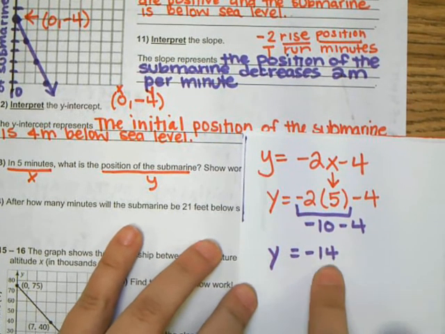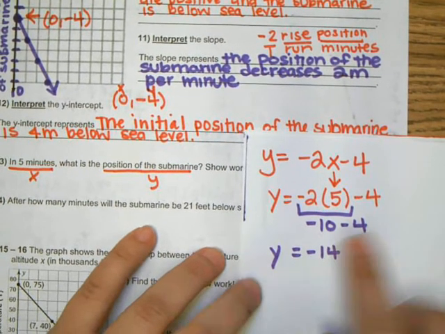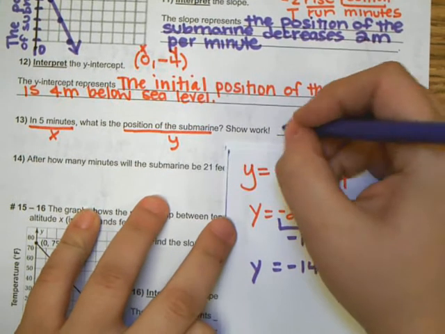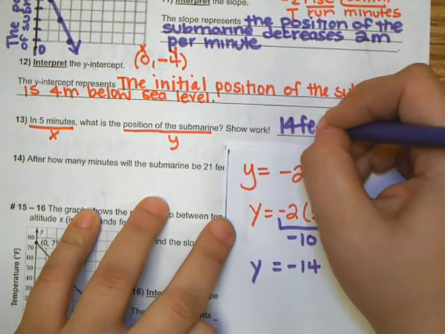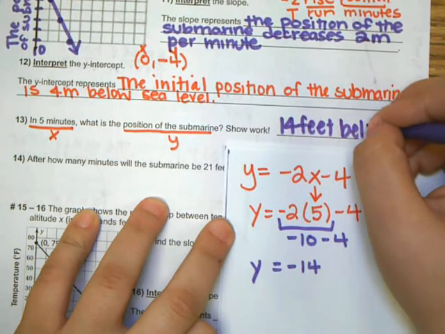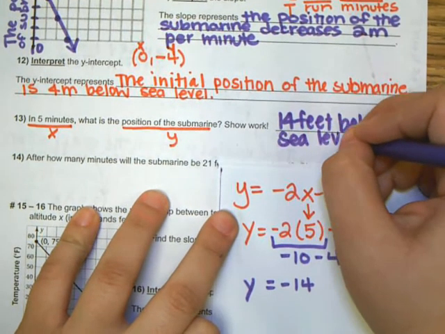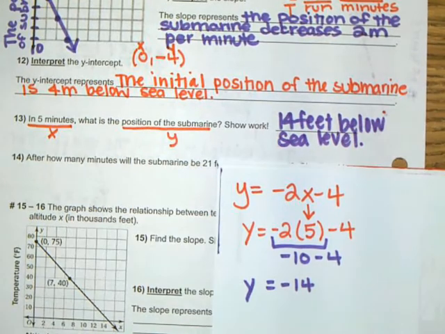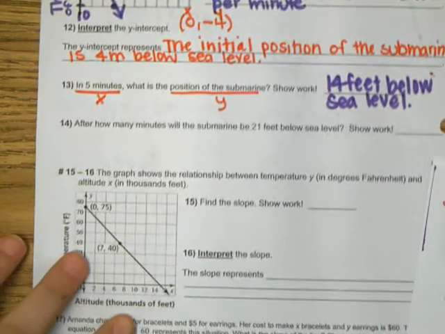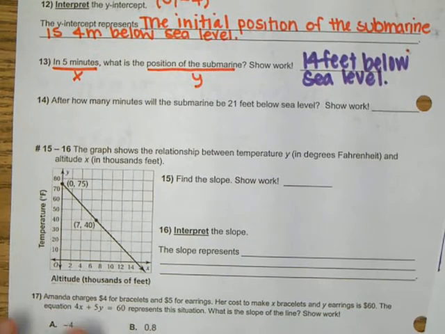So we're going to solve this equation. And we get that the position of the submarine is -14. So that -14 represents 14 feet below sea level.